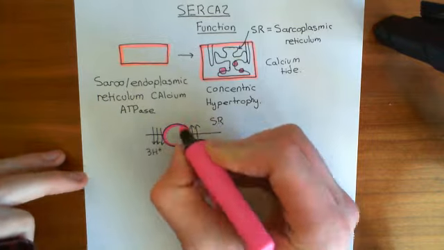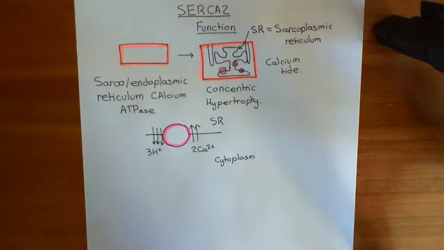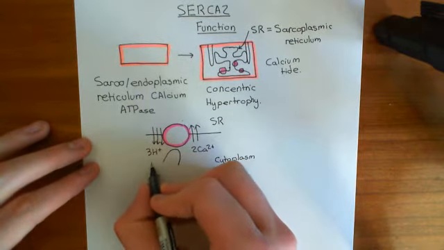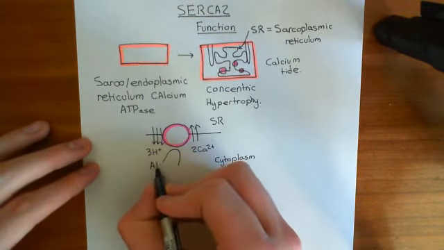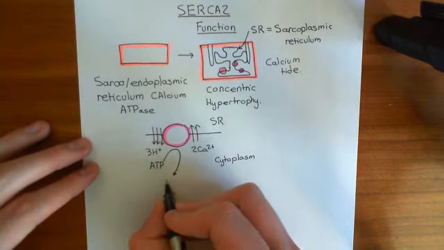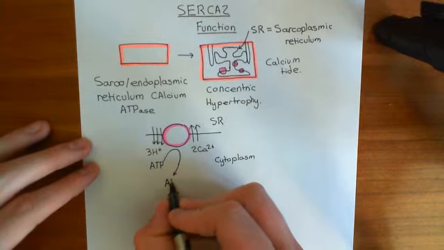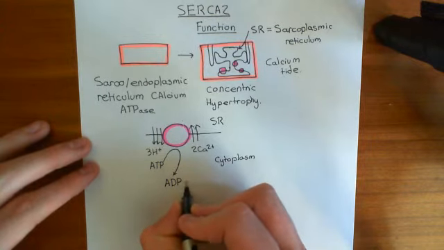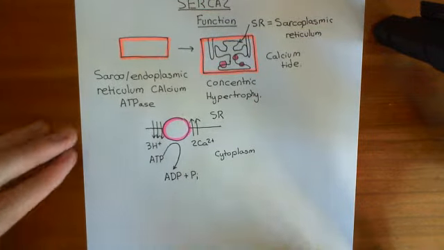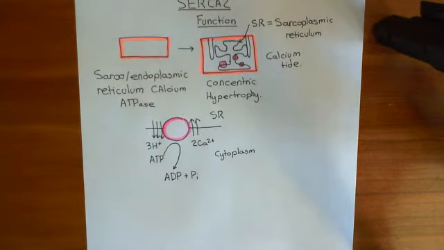And when it does that, it requires energy. The energy comes from the hydrolysis of ATP, hence the name Sarco/Endoplasmic Reticulum Calcium ATPase. So it's an enzyme which breaks down, or hydrolyzes, ATP to adenosine diphosphate, ADP, and an inorganic phosphate molecule, Pi. So these are pumps which actively transport calcium from the cytoplasm back into the SR lumen.